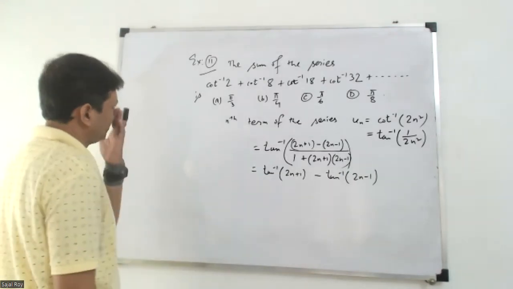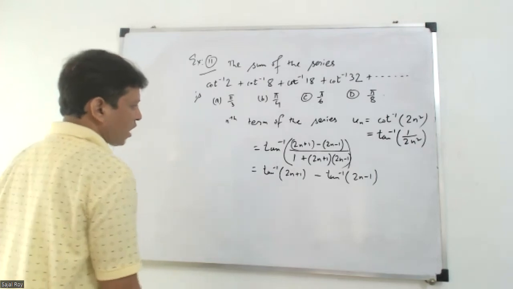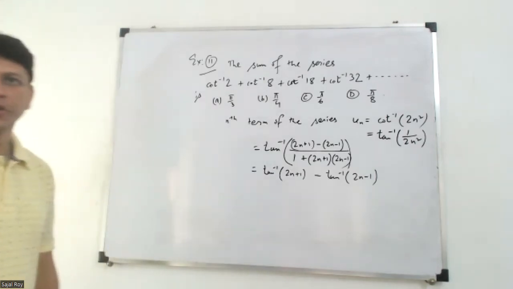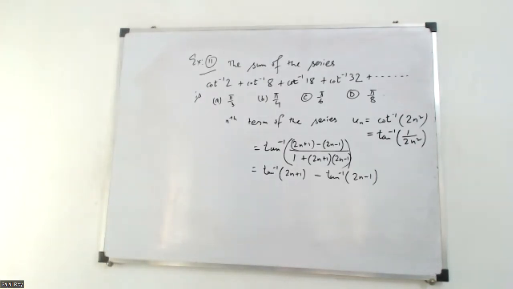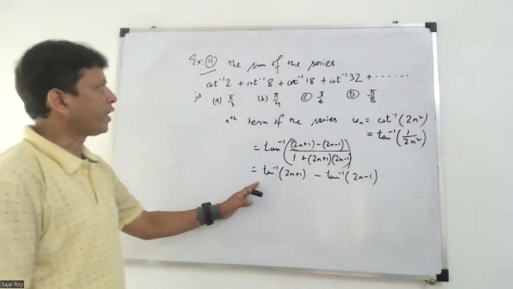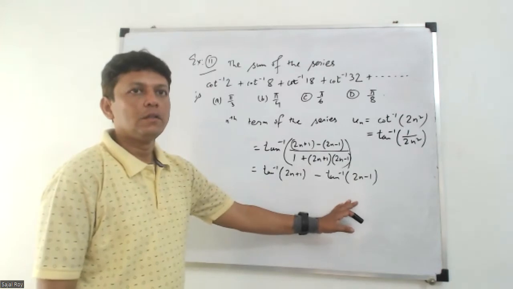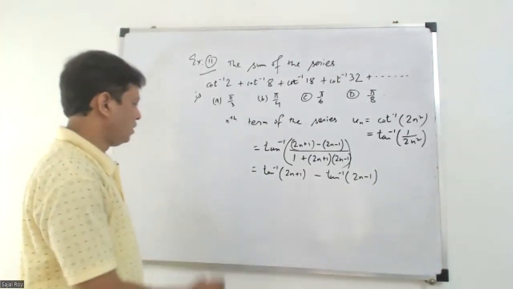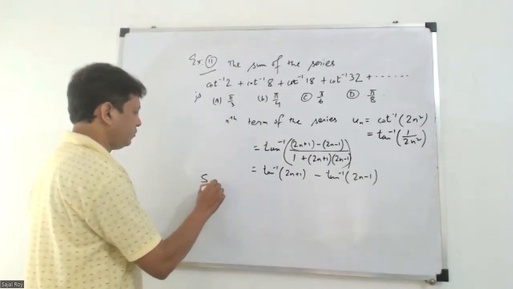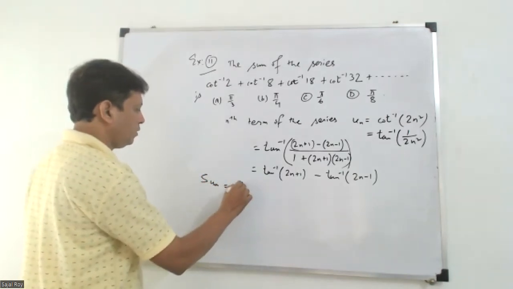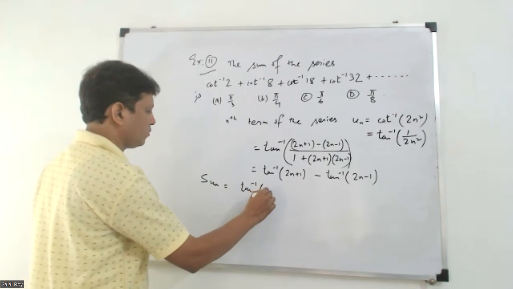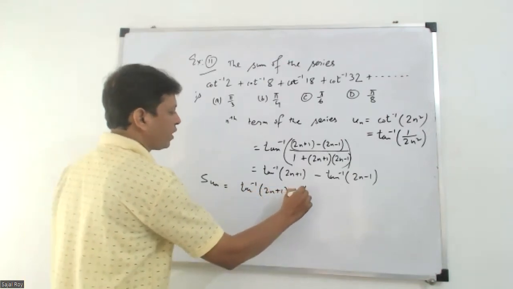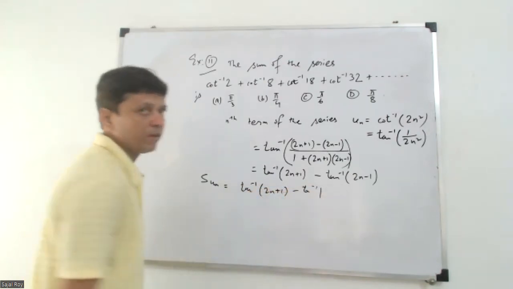Again, what is the sum as n goes to infinity? If you take the sum of this, you will have, as in the previous one, tan inverse 1.